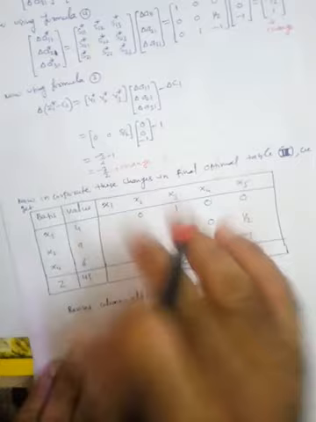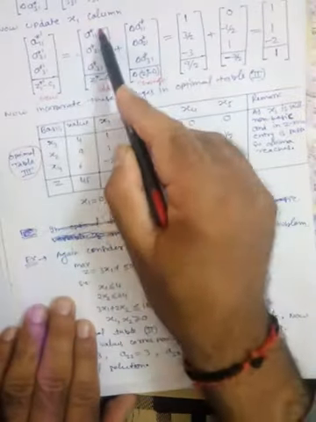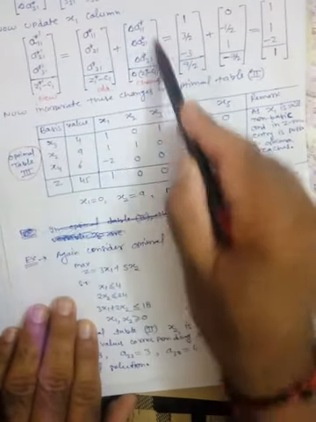Fine. Now after doing this, we have to update the columns. So this is the updation. This is the old column and this is the updated value. What is the old column?